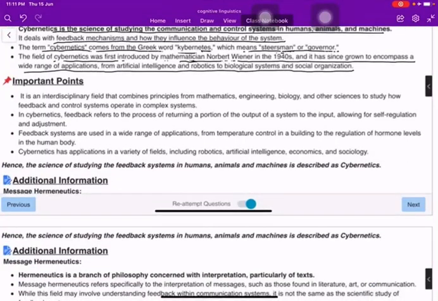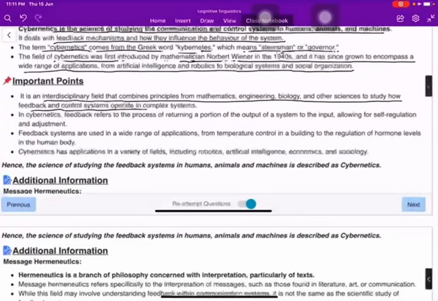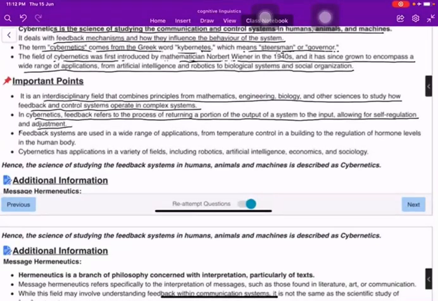Now, important points. It is an interdisciplinary field that combines principles from mathematics, engineering, biology, and other sciences to study how feedback and control systems operate in complex systems. In cybernetics, feedback refers to the process of returning a portion of the output of a system to the input, allowing for self-regulation and adjustment.